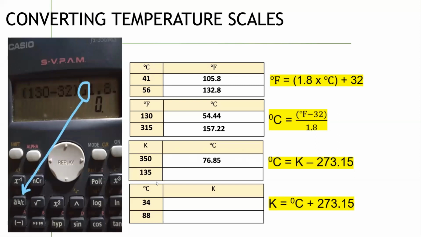Okay, let's go to 135. The answer is negative 138.15.